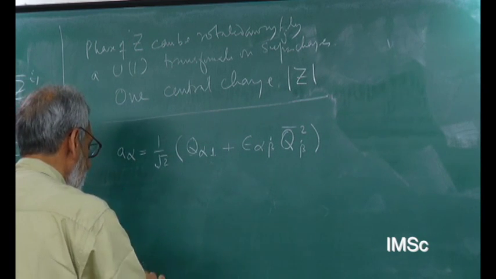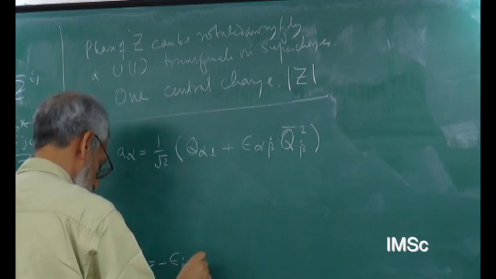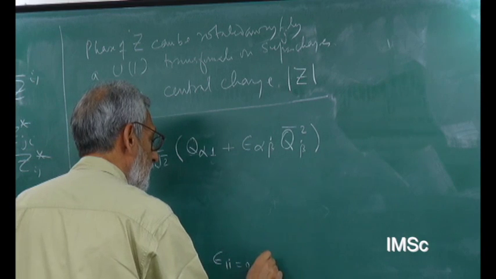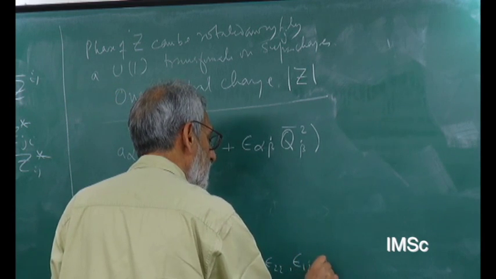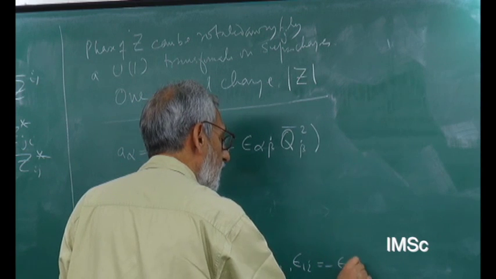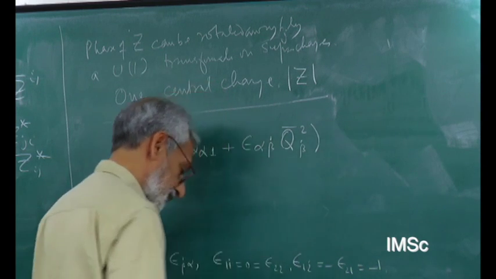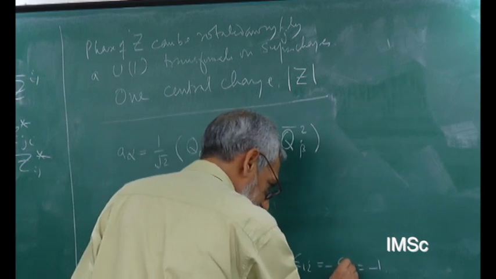and they are defined with values epsilon 1 1 dot equal to 0, same as 2 2 dot, and epsilon 1 2 dot as minus epsilon 2 1 dot, which equals minus 1. Is that clear?